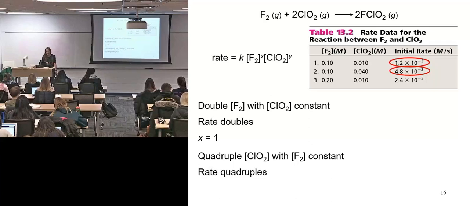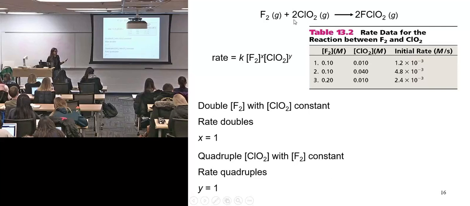So this was the example from last semester where we really freaked out about this 2 as a stoichiometric coefficient. But the reaction order for these things is 1. Notice we're also making 2 products here, so this is the stoichiometric coefficient.